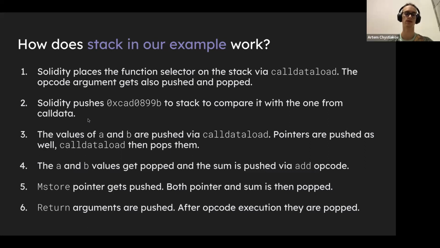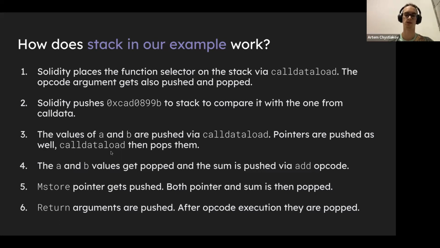Then, if the comparison is successful, the values of the A and B variables are pushed to the stack via calldataload as well, and also pointers to the calldata from where to take those arguments are pushed as well.